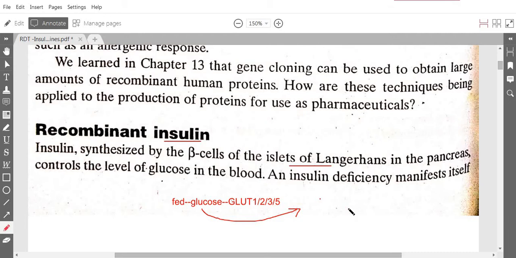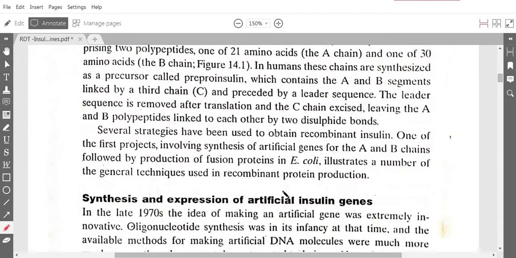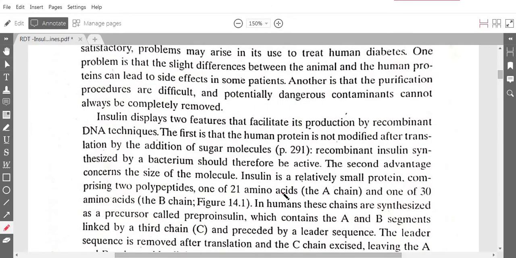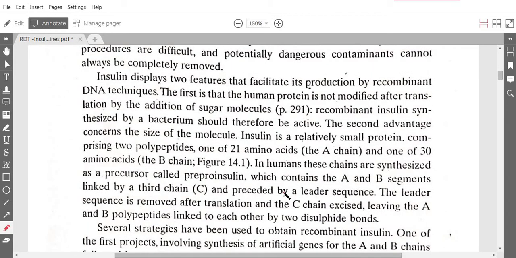Mature insulin is composed of two chains, known as the A chain and the B chain. But insulin is normally not released in the form of mature insulin. Initially, it is released from the islets of Langerhans in the Prepro insulin form.